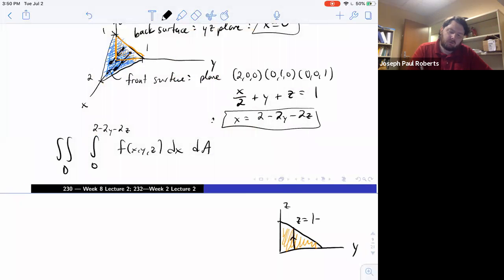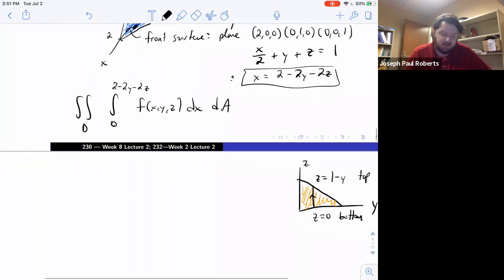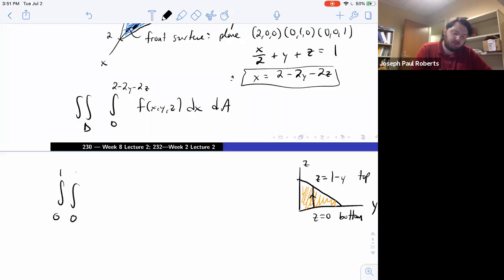And so now it's just the same story of bottom curve to top curve, so 0 to 1 minus y for z. And so this would be the integral from 0 to 1, 0 to 1 minus y, 0 to 2 minus 2y minus 2z, of f of x, y, z, dx, dz, dy.